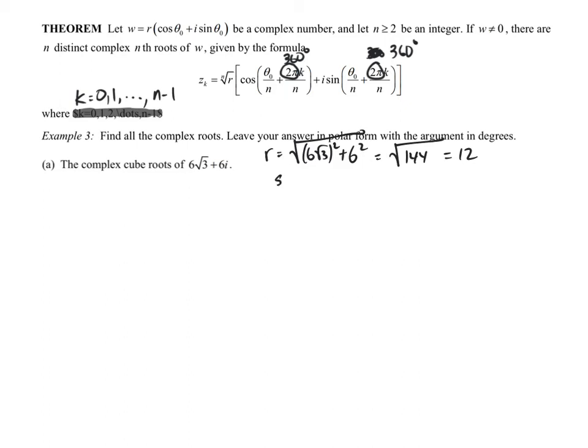For theta, sine theta is equal to y over r, so that would be 6 over 12. That reduces to a half, which makes theta equal to 30 degrees. That's the theta 0 that they're talking about in the formula back up here. So when it says theta 0, we're talking about the 30 degrees here.